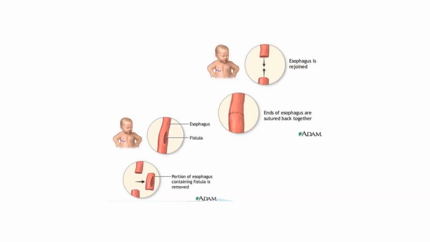In the next slide, you can see where the esophagus is rejoined, and where the fistula is removed from the esophagus. So this was all about TEF. I hope you all understood, and if you have any doubt, you can ask me. Thank you.